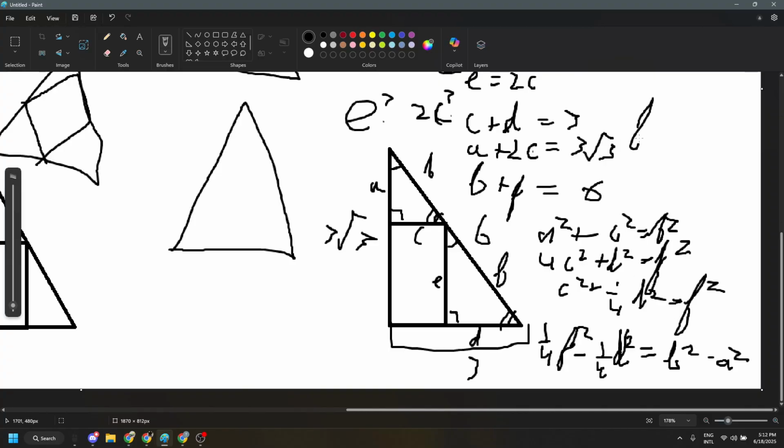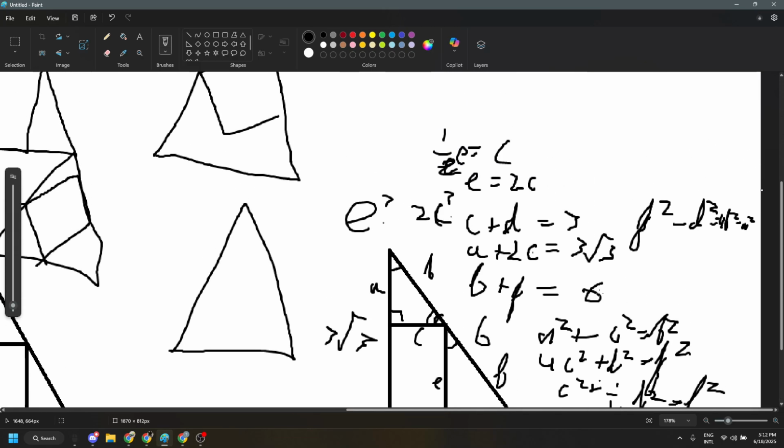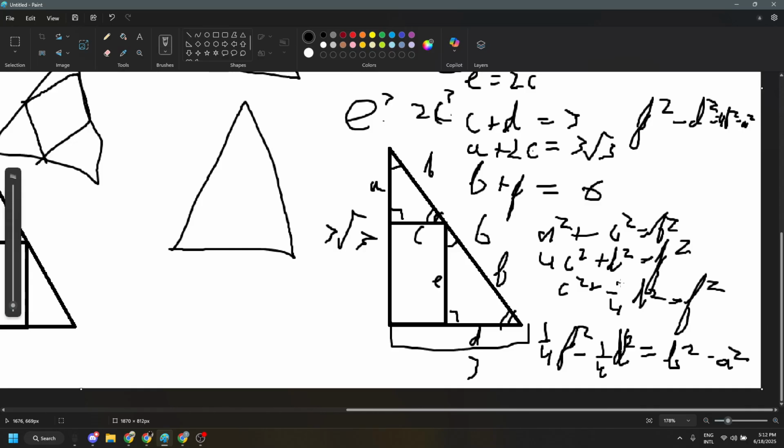I'd multiply by 4, so F squared minus D squared is equal to 4B squared minus 4A squared. You can't take the square root of both sides, that just won't work. So now we have an equation relating these variables, but what else can we do?